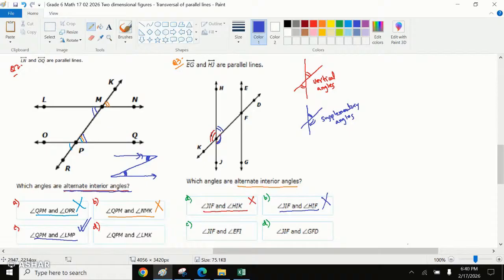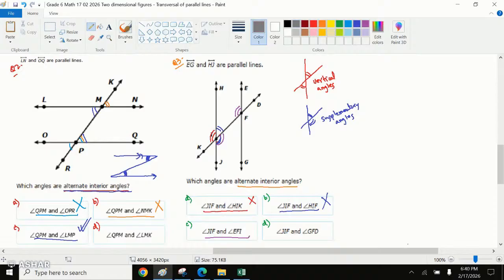Agreed? Let's have a look at JIF and EFI. Sorry, I did the wrong marking. This marking should be here.